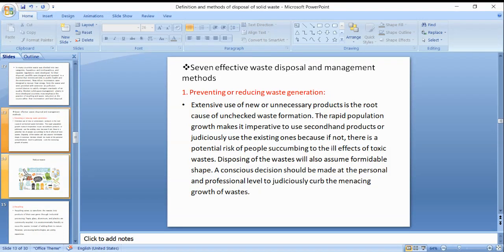We saw preventing and reducing waste generation, recycling of materials, and the incineration method. We have seen the sanitary landfill method, ocean disposal, and finally plasma gasification. All these have to be considered.